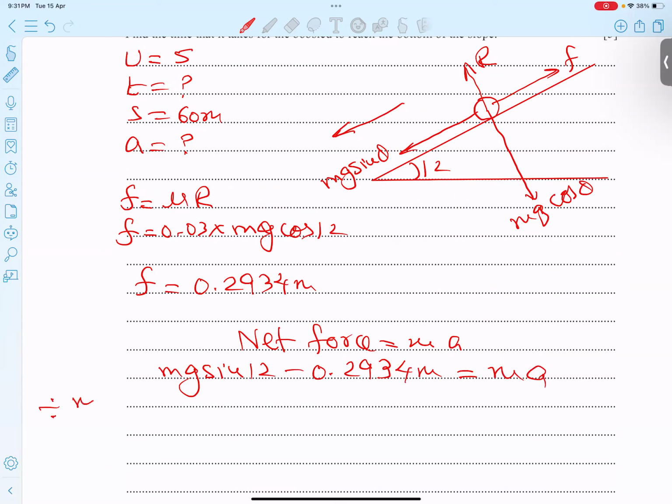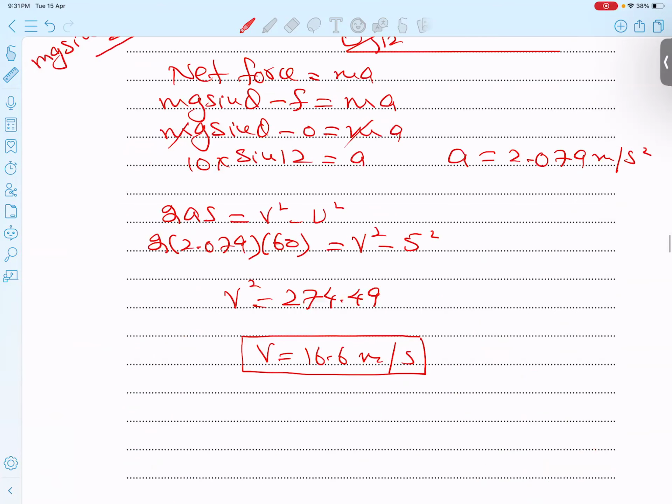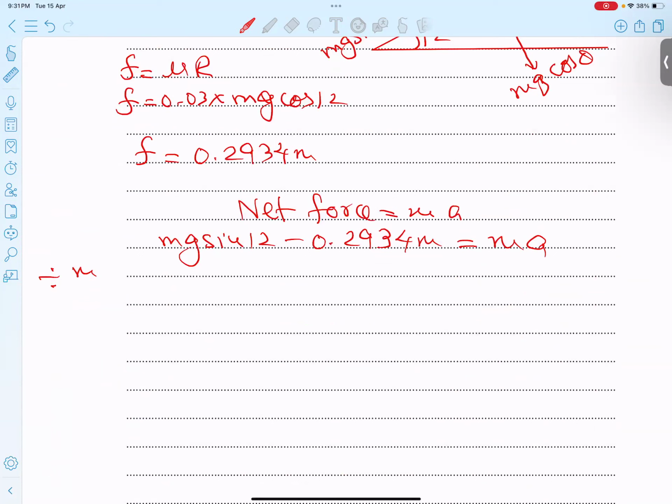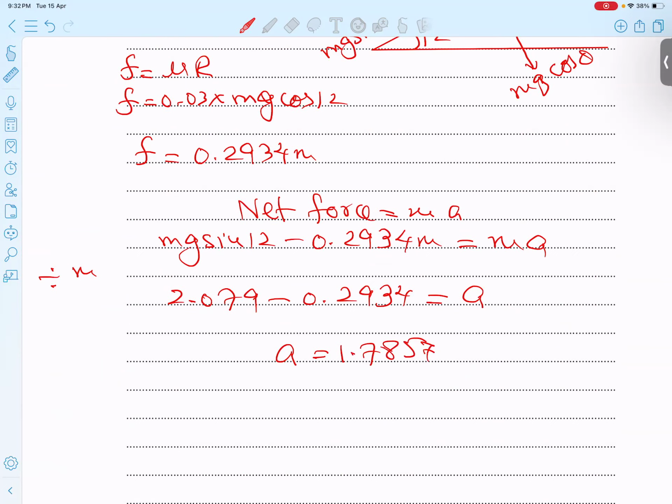If I divide both sides, the mass cancels. So 10 times sine 12 degrees gives 2.079, minus 0.2934 equals the acceleration. The acceleration I got is 1.7857. So this is done.